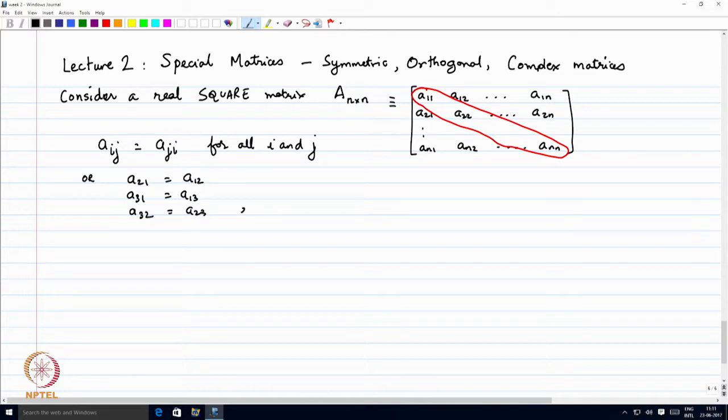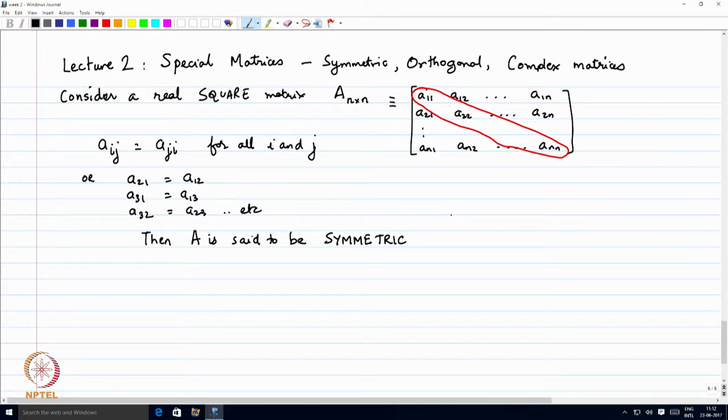If you had this case, then A is said to be symmetric. So, A is said to be a symmetric matrix.